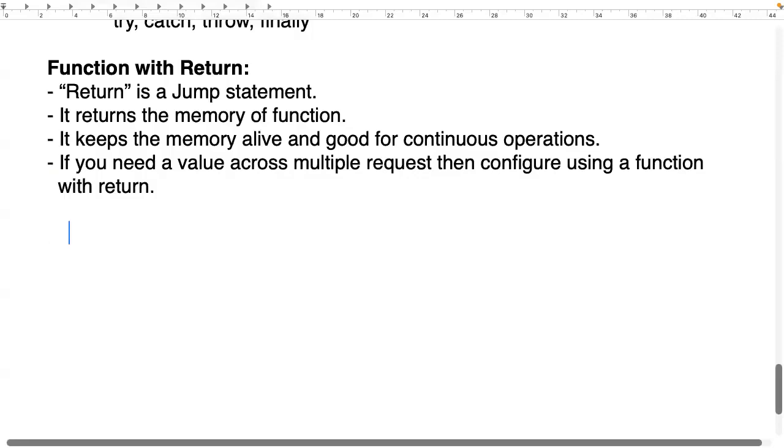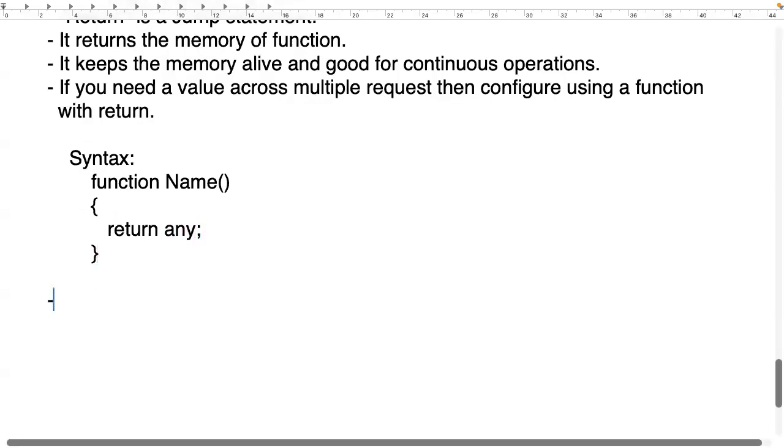And what the syntax here is, we have a function name, and it can return anything. A function can return anything. Any means what? It can be primitive types, it can be non-primitive types, or it can be a function also.